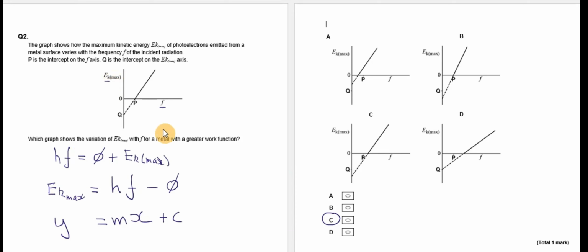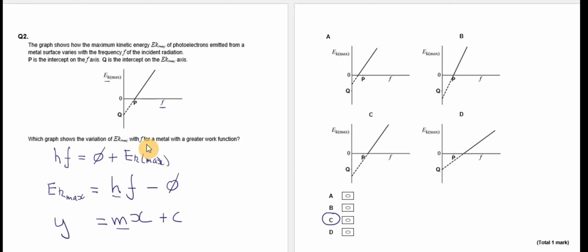My x is the frequency, and it is on the x-axis. So my gradient m must be the Planck constant, and my y-intercept c must be negative of the work function, I'm sorry.